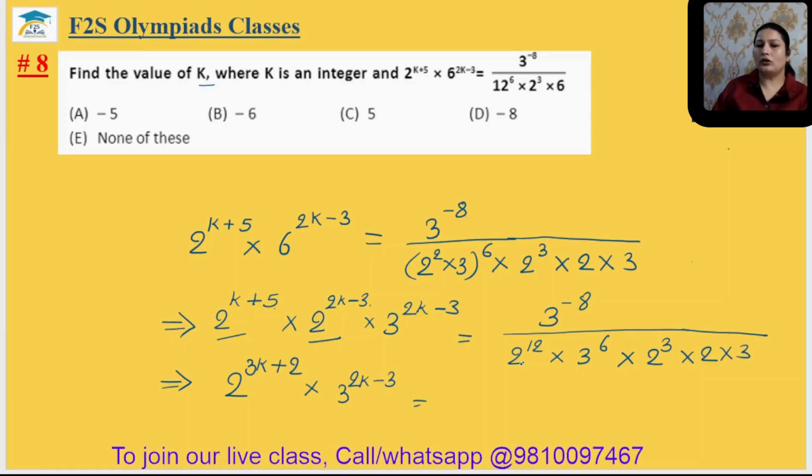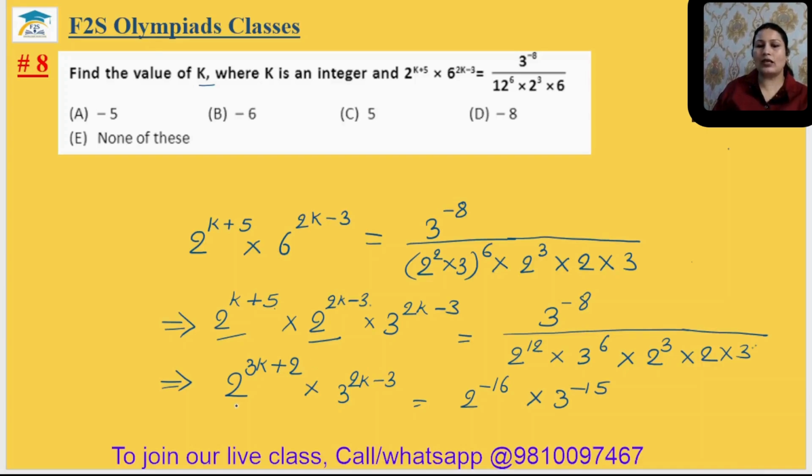Now I will write the power of 2. 2 to the power 12 plus 3, 15 plus 1, 16. So 2 to the power minus 16, because in the denominator it is plus 16, I am writing it in the numerator. 2 to the power minus 16, multiplied by 3 to the power minus 8, minus 6 and minus 1. So minus 15. 3 to the power minus 15.